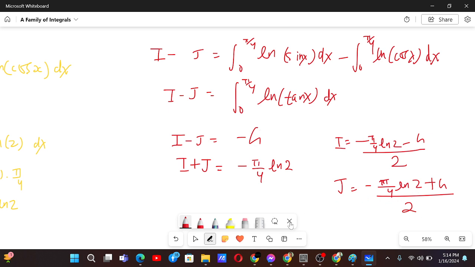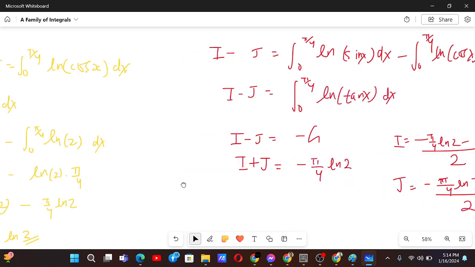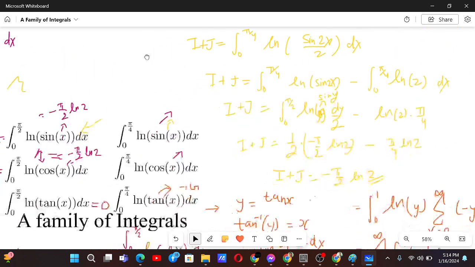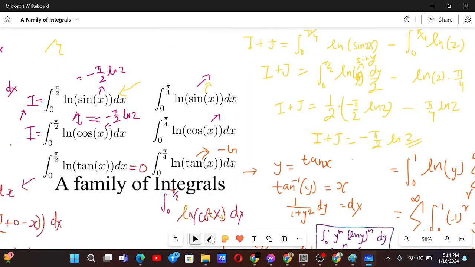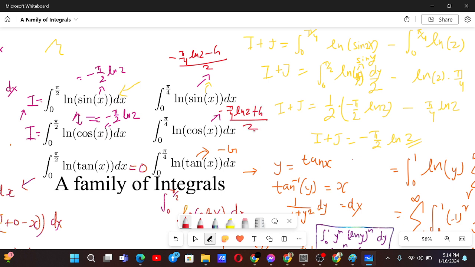So these are the answers, and we have finally solved all the members of the family. This is minus pi by 4 ln 2 minus g by 2, and this is minus pi by 4 ln 2 plus g by 2.